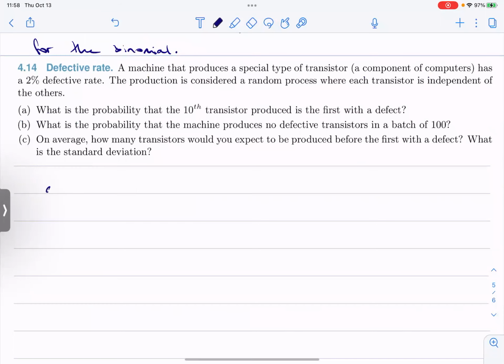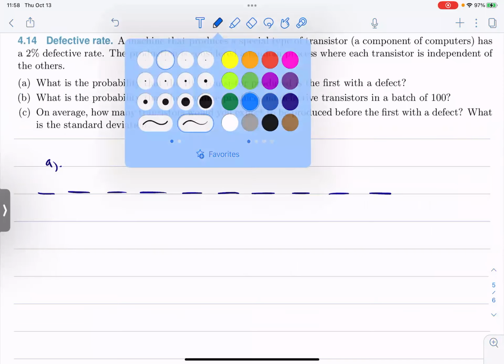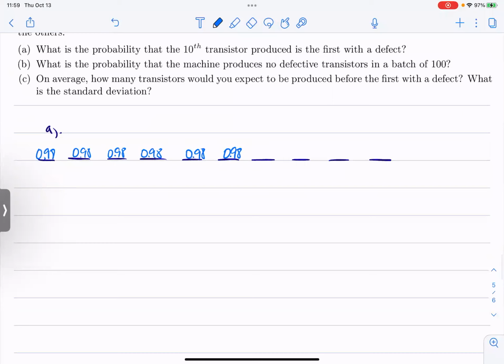So here for A, we could do 1, 2, 3, 4, 5, 6, 7, 8, 9, 10. 0.98, 0.98. Oh man, they couldn't do like 6 or something. 0.98, until the very end, 0.02.